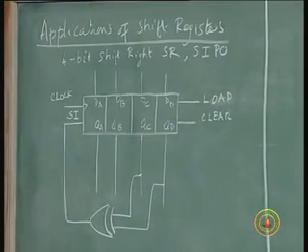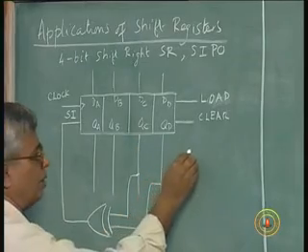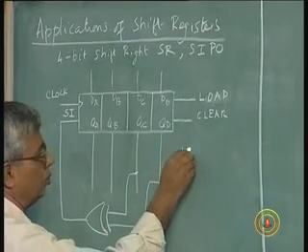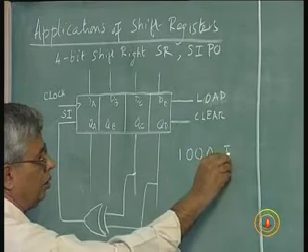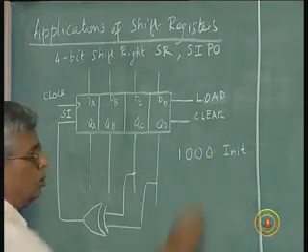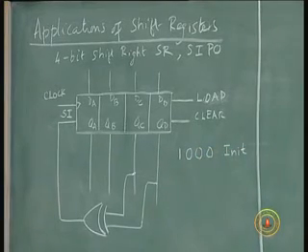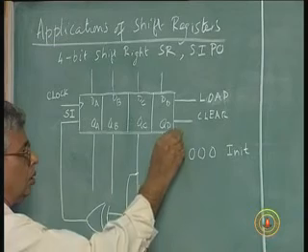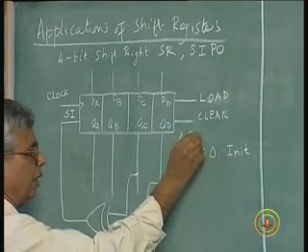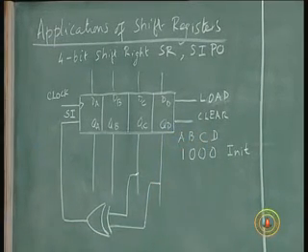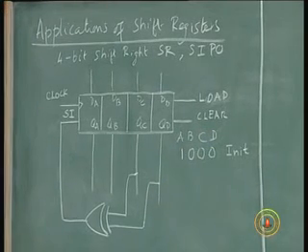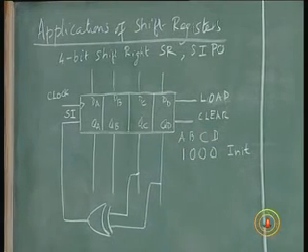So let us assume that initially I am able to load a pattern of 1 0 0 0. Just assume that, you can assume anything. So to start with, I load 1000.